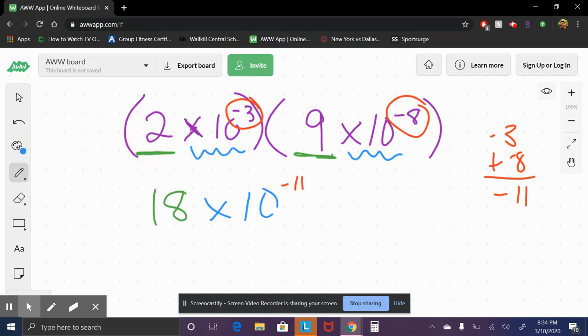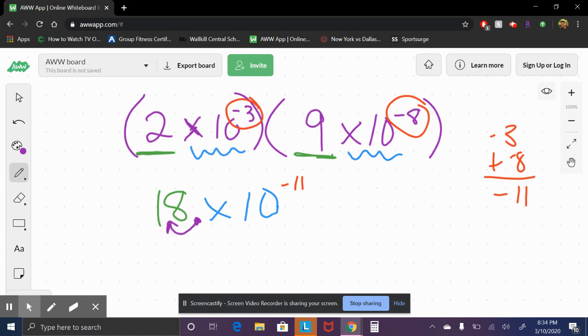All right, let me fix this. There we go. Now again, this number right here is not in scientific notation. So where is the decimal? The decimal is right here, and we need it to go right here.